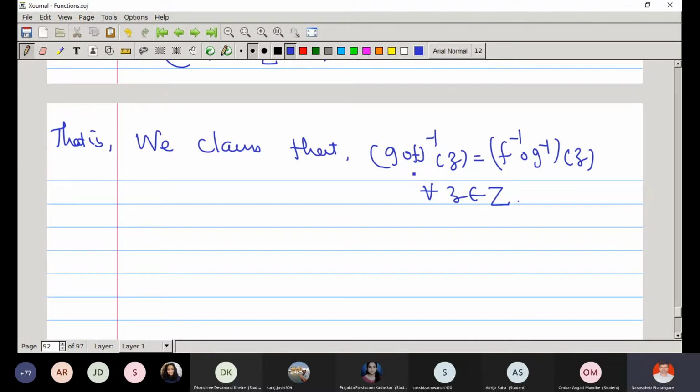Our goal is clear: if for every element in Z these two things agree, then we can say that these two functions are equal. So how to initiate the process?